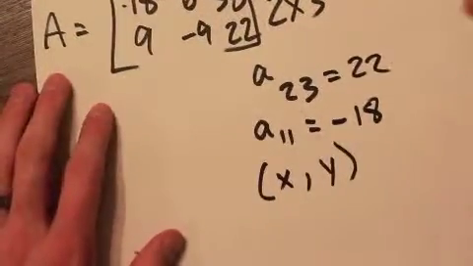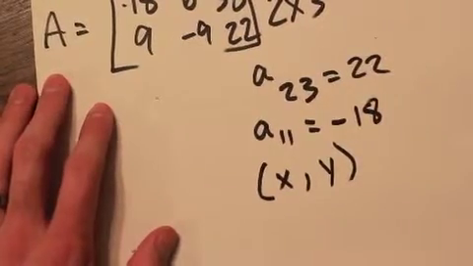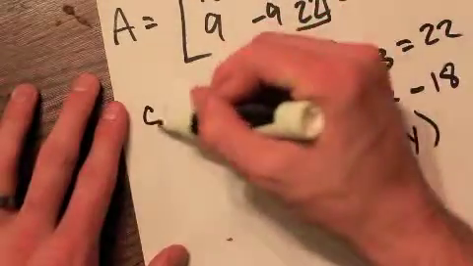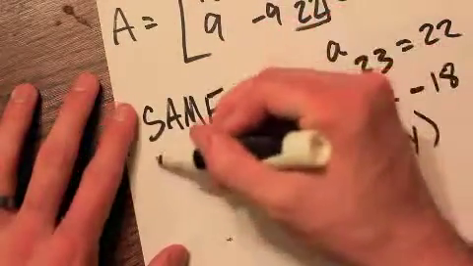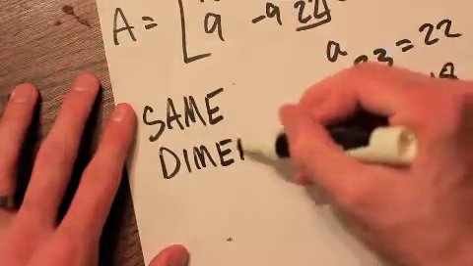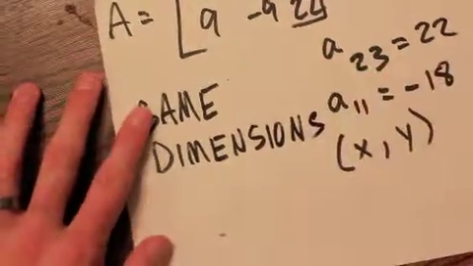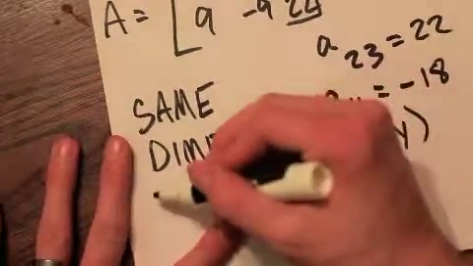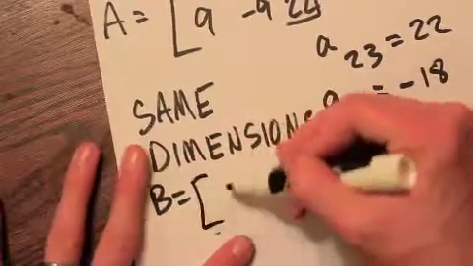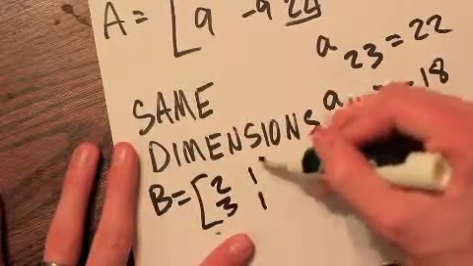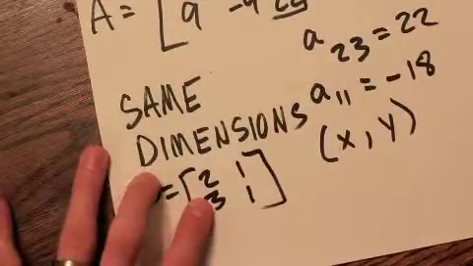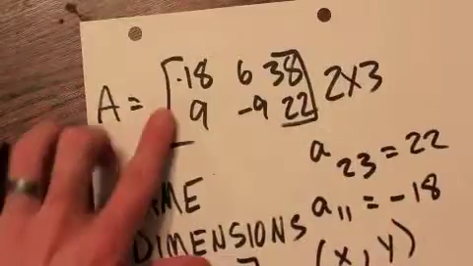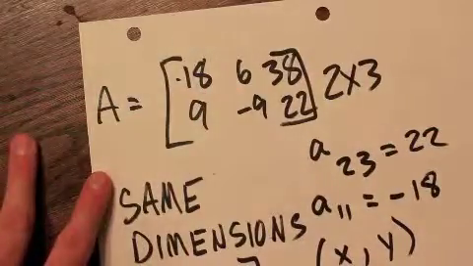Now, matrices can also be viewed as equivalent or non-equivalent. In order to be equivalent, a matrix must have the same dimensions. That's the first qualifier. So if one matrix, let's say matrix B, is a 2 by 2, well, it can never be equivalent to matrix A, as we said above, which is a 2 by 3.